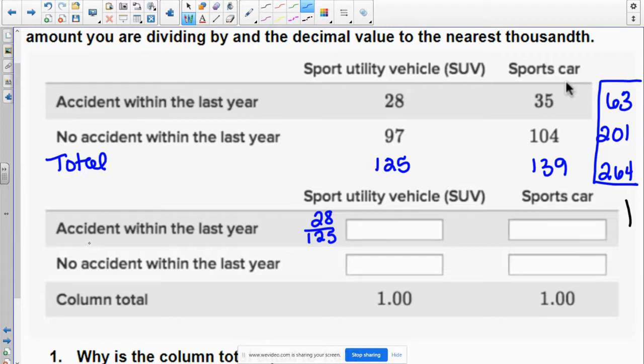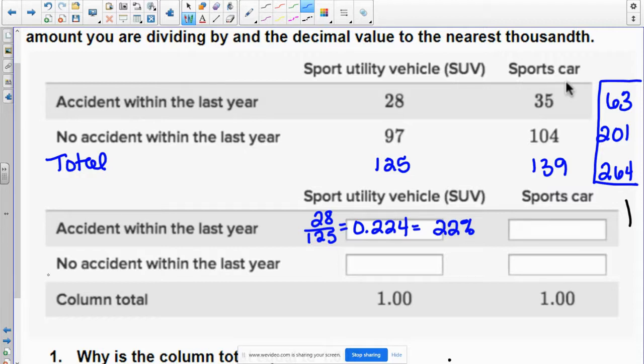So 28 SUVs that had accidents within a year out of the 125. You take 28 divided by 125, which is 0.224. Then we change that to a percent. Multiply that times 100 and move the decimal over twice, and to the nearest whole percent would be 22%, because it'd be 0.4, and since it's less than 5, you round it down to 22.